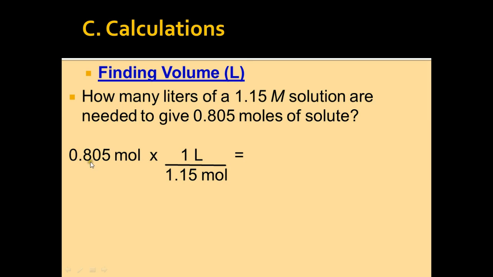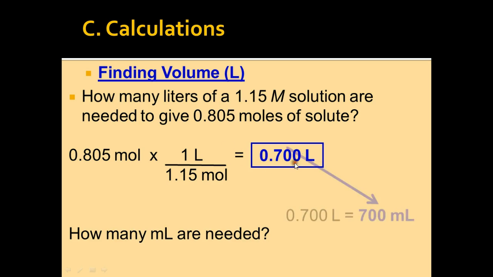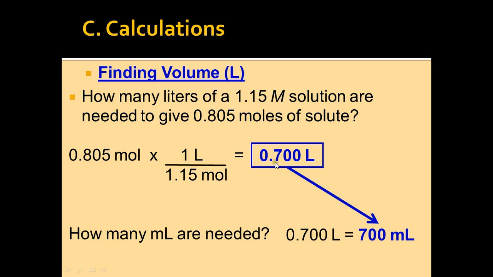So we do 0.805 divided by 1.15, and we get 0.7 liters of solution for this many moles. And if we want to convert this to milliliters, we can just move the decimal place 3 places to the right this time, and we get how many milliliters we need.